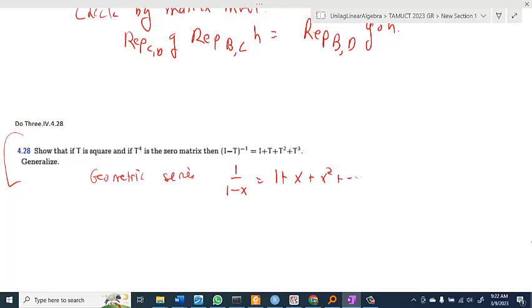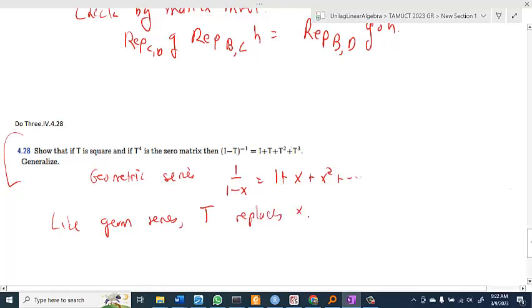So this is actually a special case of this geometric series where T replaces x.